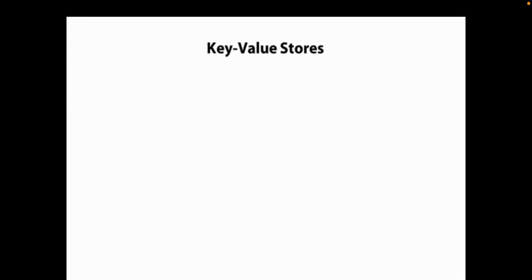So let's start by looking at key value stores. Again, this is the most prevalent kind of NoSQL database that's out there. And let's just state explicitly from here on that it is possible with all of these types of NoSQL databases to vary the schema from row to row.